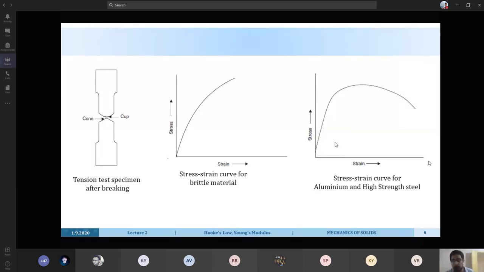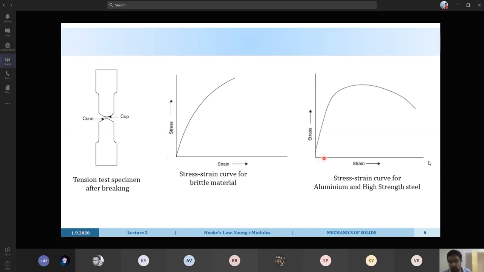And similarly for aluminium and high strength steel, again it goes on, but there is no clear yield point. We don't know where the yielding is happening. So usually what we do in these cases is a conventional method. We take 0.2% of the strain.